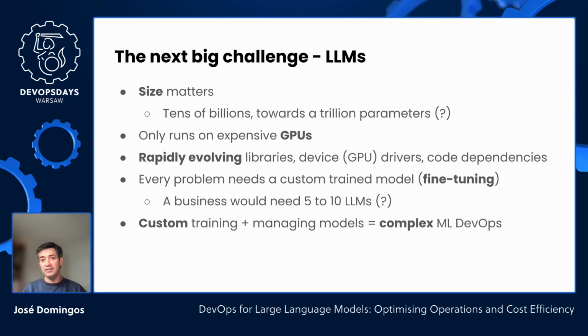You may have one internally. You may end up with 5, maybe even 10 large language models in organizations. And these organizations can be, say, a telco or maybe a retailer, right? It's not just AI companies. It could be any organization that's really leveraging this technology. And then, of course, custom training and managing models equates to complex ML DevOps, and we'll see why and how.